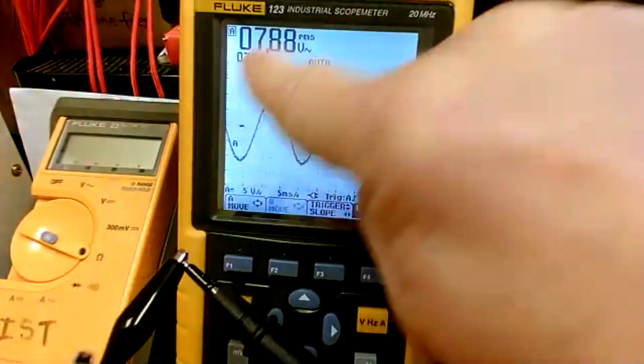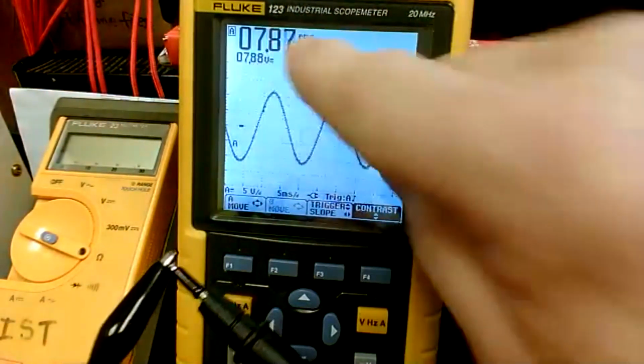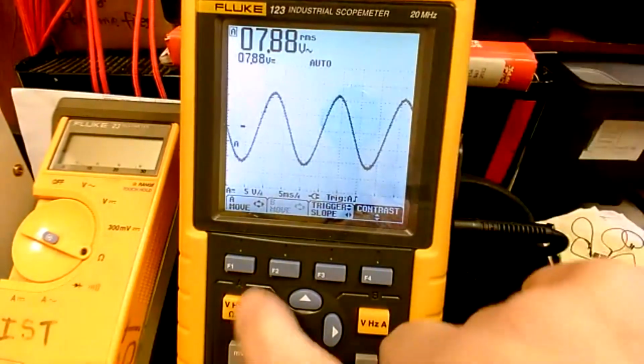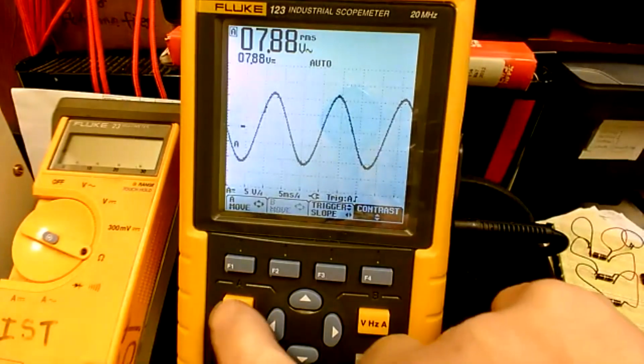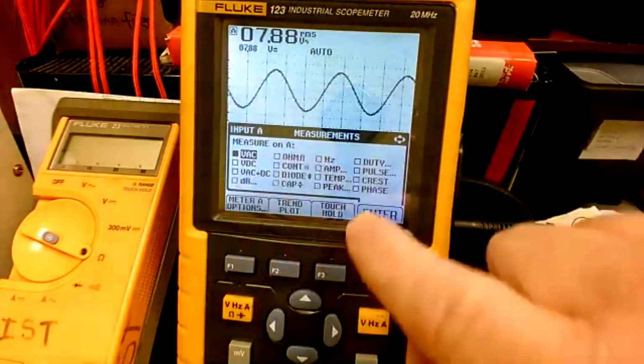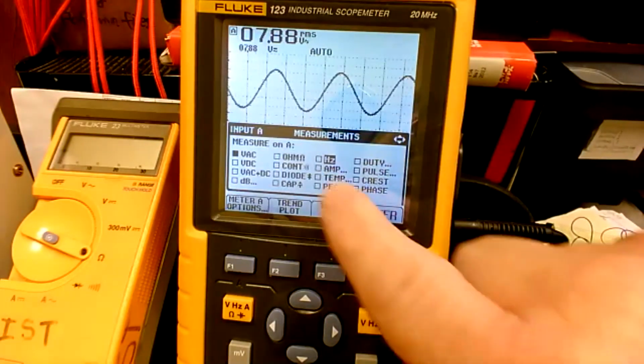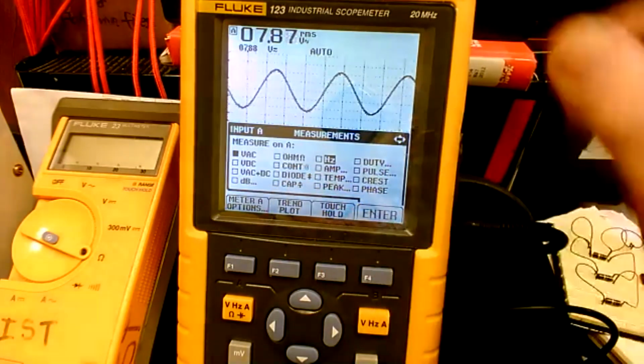So it's telling me, do I have any AC or DC on the line? And if I change the units here, I can hit here and then go way over here and hit hertz. Can y'all see it pretty clear?